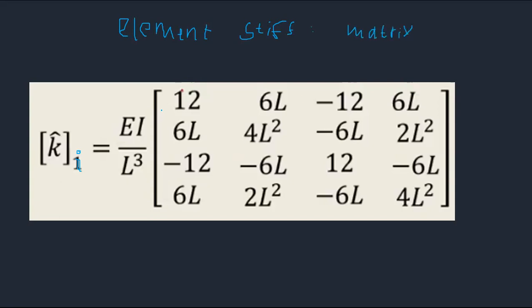So this order is really essential because this is V1, this is theta1, and this is V2, this is theta2. You have to remember that you can't interchange because we define this whole thing using this order, right? Even in the example problems as well, you have to take V1 theta1 and then V2 theta2, right?